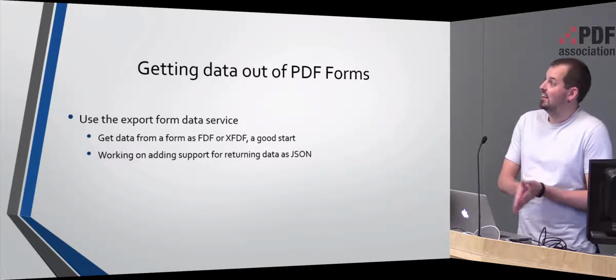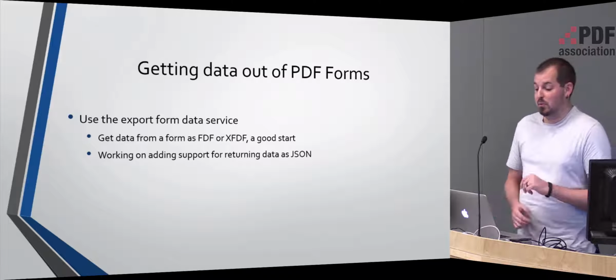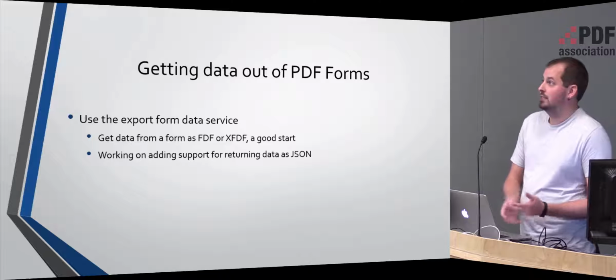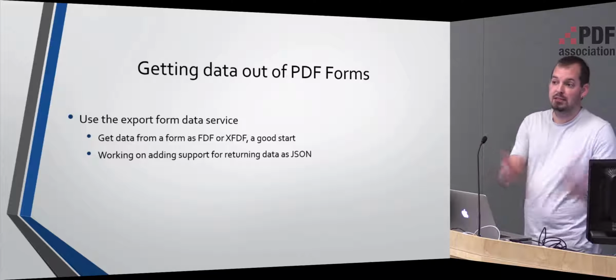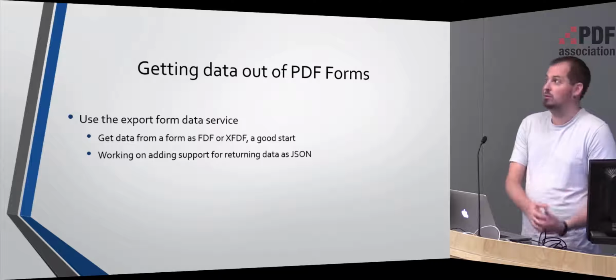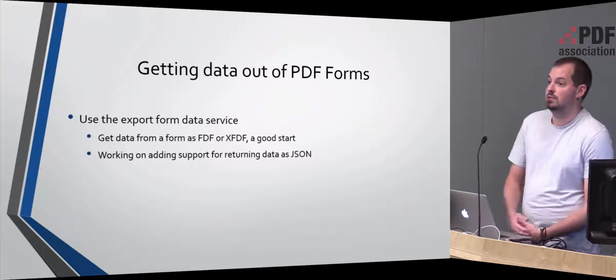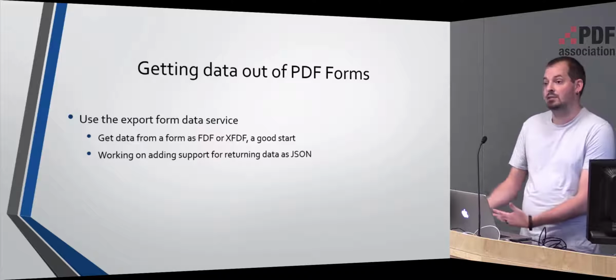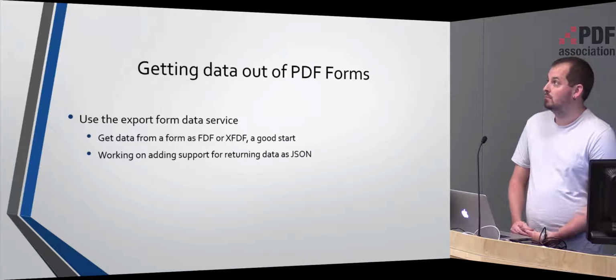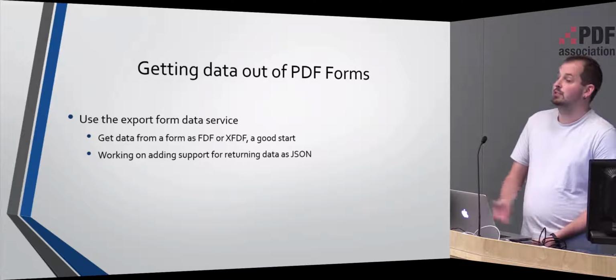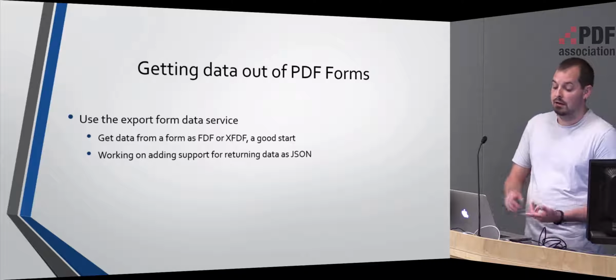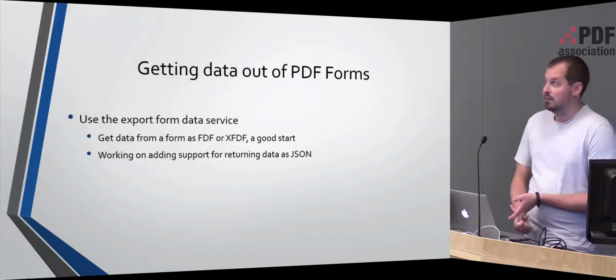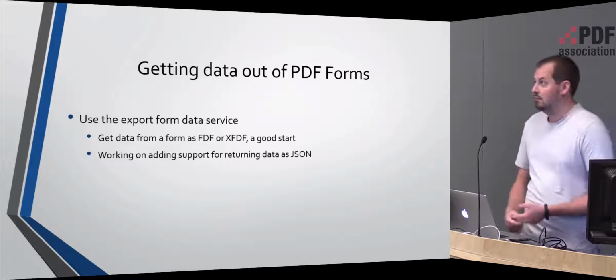We also have a service that allows you to get data out of forms, because once you've gotten data in forms and people are sending back all these forms, you probably need some way to process those in a batch mode. You could do that with Acrobat, but you can't do that on a server with Acrobat. So you can use another service of ours to get the data back out in XFDF or FDF, and soon you'll get it back as JSON as well if you ask for it.